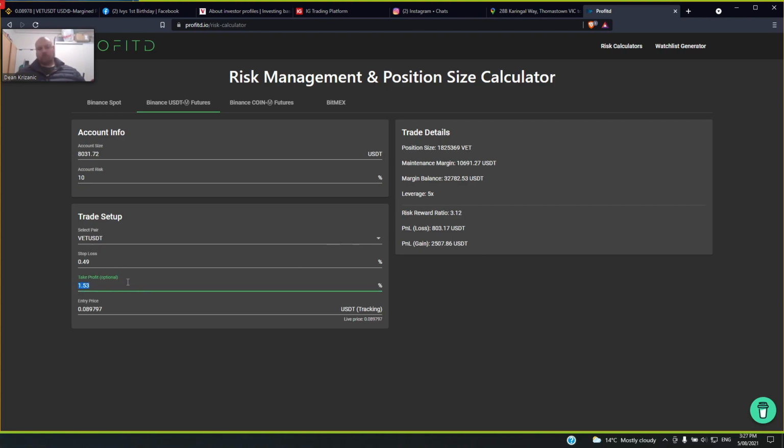But look, now you're targeting those 1.5% moves, and you're making $2,458. But if you do have to move, say if you move your stop loss 0.5, 1%, so now it's giving you that risk to reward ratio of 1.